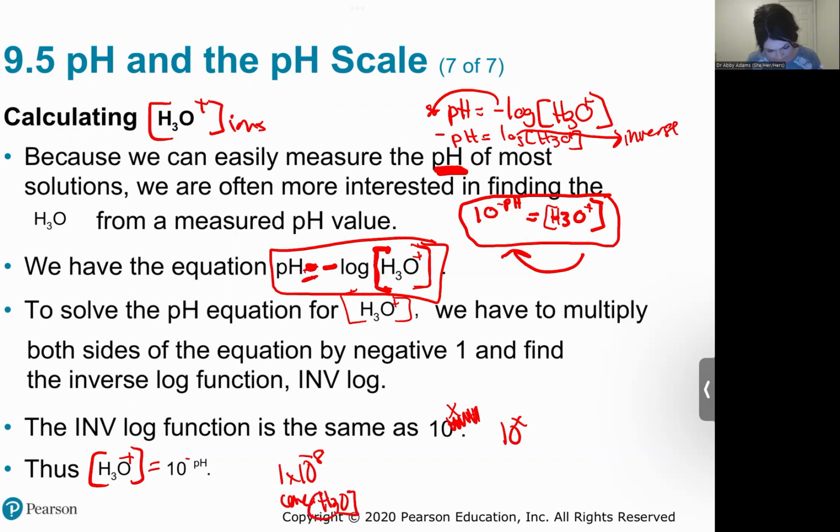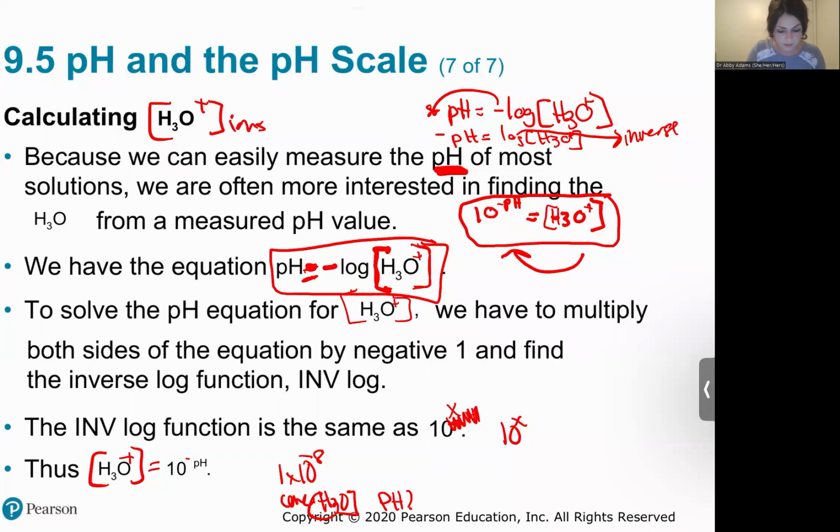And let's say I want to know what the pH is. So I'm going to have to enter this into my calculator, and I will go ahead and show you exactly how I'll do that.